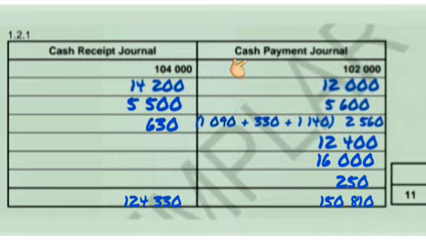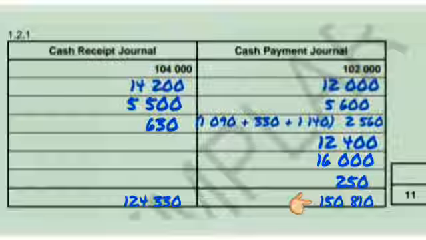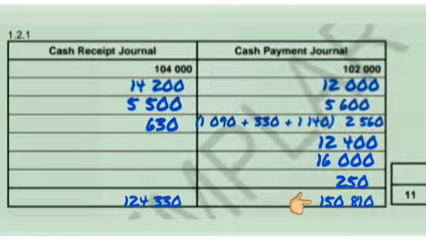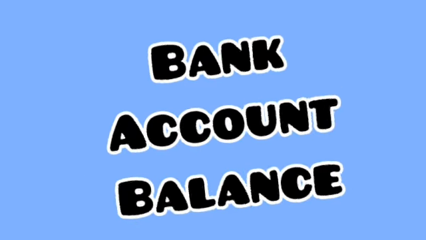And with the cash payment journal, we started with 102,000, which had some errors made by our accountant, and we fixed those errors, and our new total is now 150,810. These two amounts, keep them in mind, because we are going to use them in the next chapter where we are correcting the bank account balance.